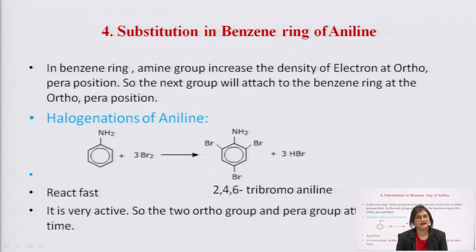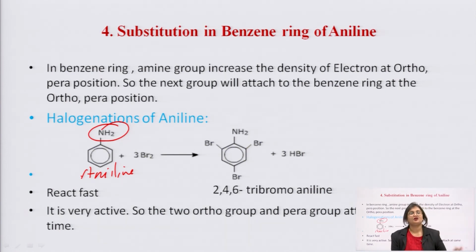So, the next group will attach to the benzene ring at the ortho and para positions. When aniline, a primary aromatic amine, is made to react with a halogen, for example bromine, the amine group increases the density of electrons at the ortho and para positions.